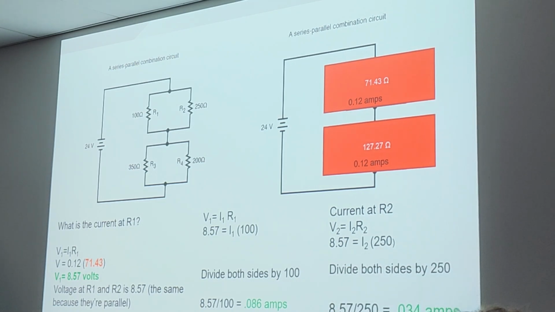So you divide the 8.57 volts by the individual resistance to get the individual current. If you add the currents back together, you should get the total current. Yes.